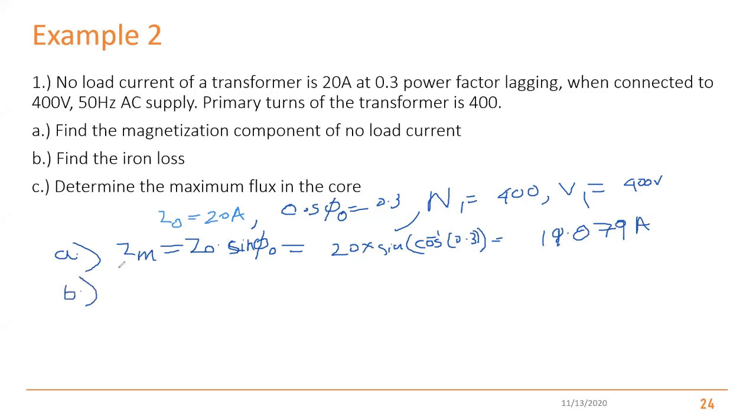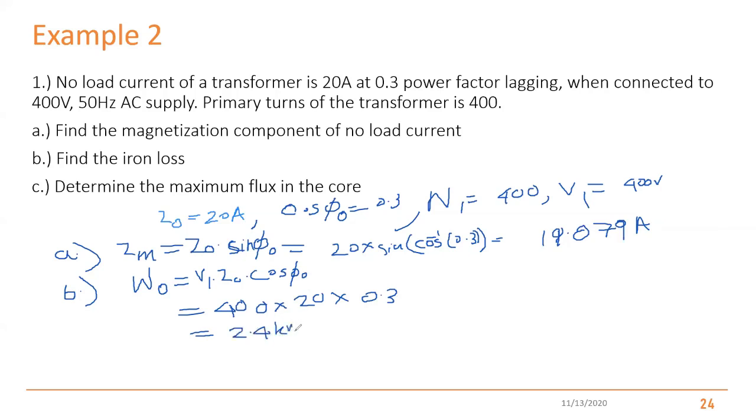In part B, it is asked to find the iron loss. Using the equation V1 I naught cos phi naught, where V1 is 400, the I naught current is 20 amperes and cos phi naught is 0.3, the total value would be 2.4 kilowatts.